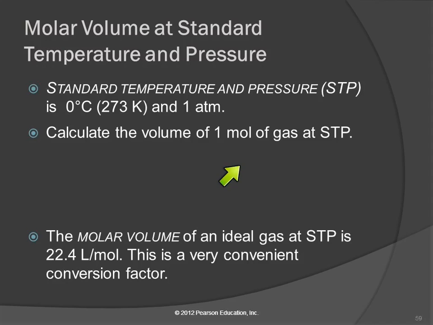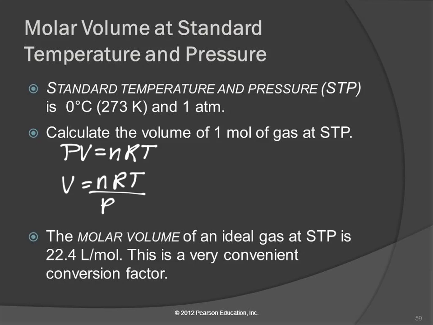So let's calculate the volume of 1 mole of gas at STP. This is telling us the temperature, there's the pressure, here's the number of moles, we can calculate volume. PV equals nRT. So volume equals nRT divided by P. n is 1 mole.